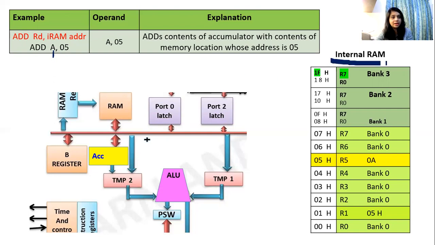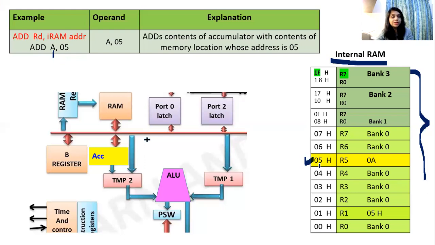What is internal RAM? We know this is the organization of internal RAM. Only banks are shown. So here you can write directly an IRAM address, an internal RAM address, any address. But to make it simple, I have again chosen 05 so that you do not get confused and you understand the difference clearly.